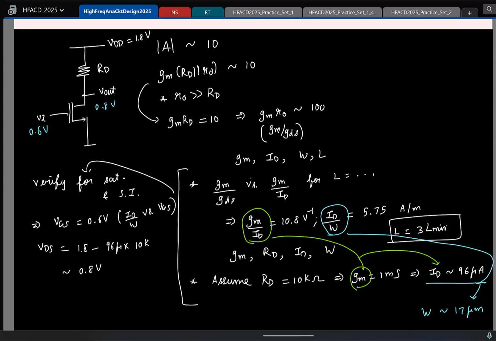You also have to make sure that this is in strong inversion and not in weak inversion, because we saw in the first class with respect to speed that we want our transistors in strong inversion. In weak inversion we have a very large width, currents are small, so the speed is typically limited. So how do you find whether it is in strong or weak inversion?